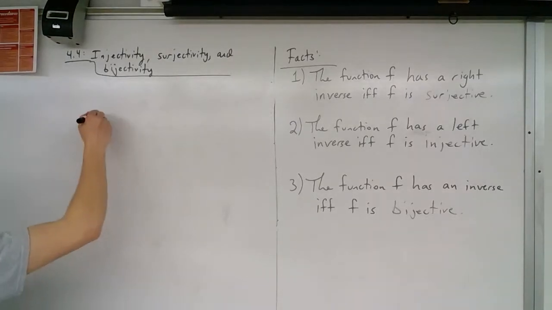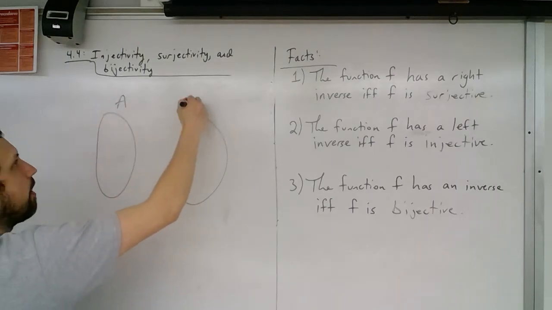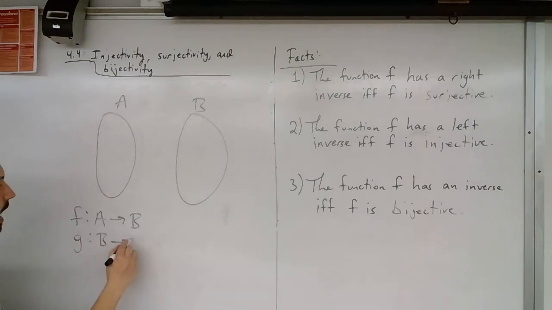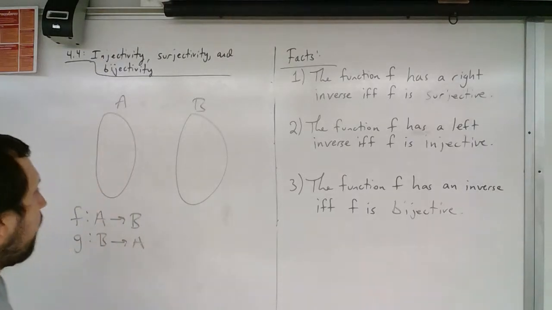So if we take a look at an example, let's say we have A and B. Let's say we have this function f that maps A to B. And if we're going to talk about the inverse, we'll work with, say, g, going from B to A. That way we can talk about both left and right inverse in a meaningful way.